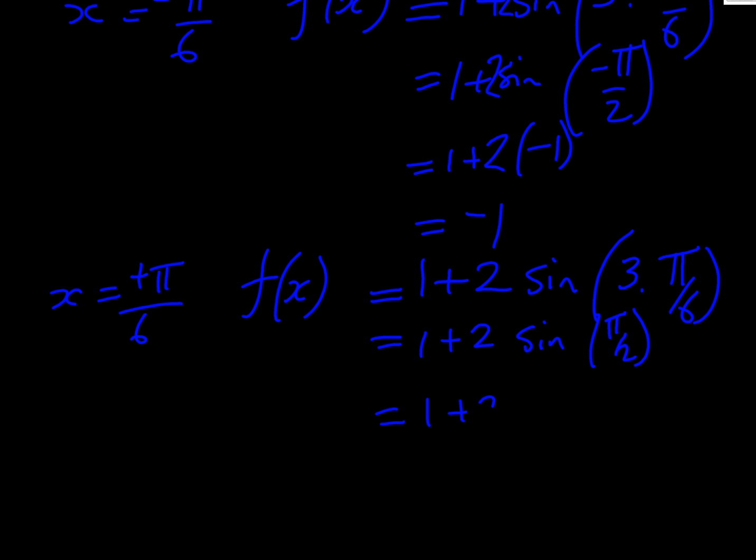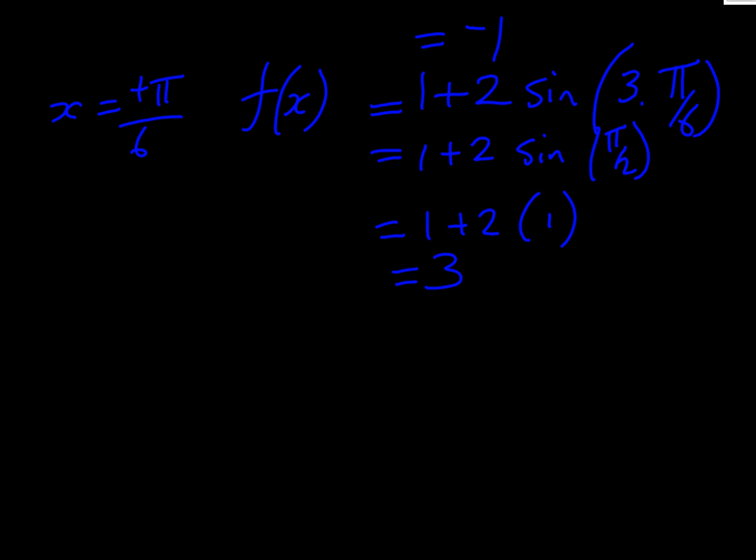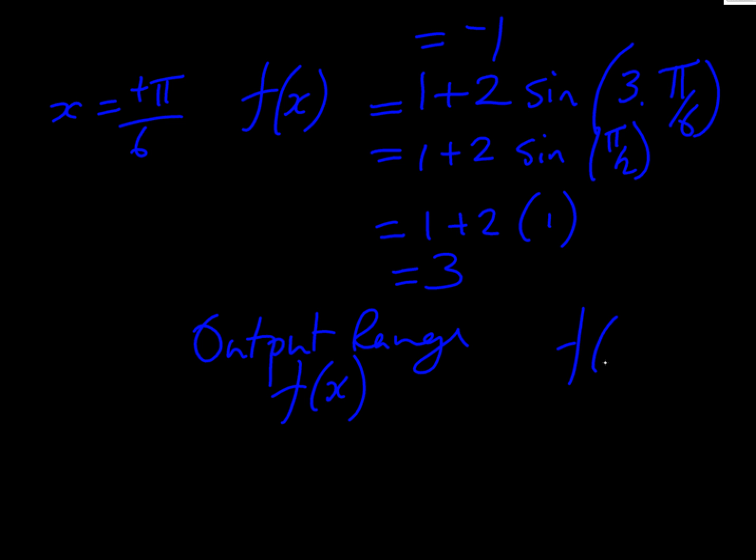So we've got 1 plus 2 times 1, and that equals 3. So therefore our output range of f of x is f of x greater than or equal to minus 1 and less than or equal to 3.